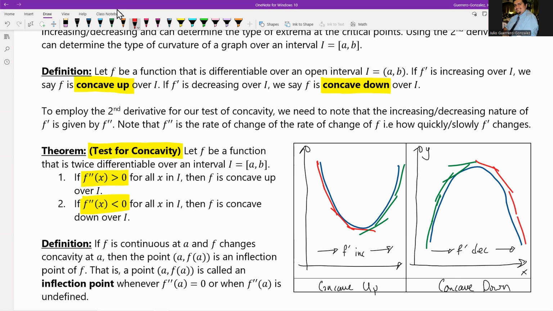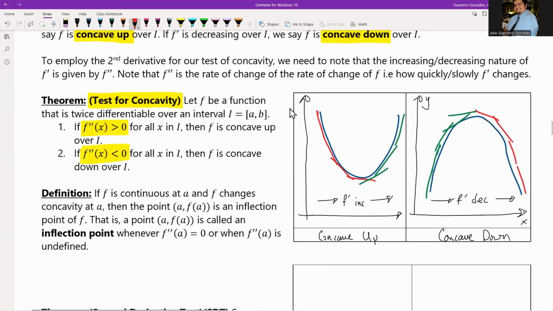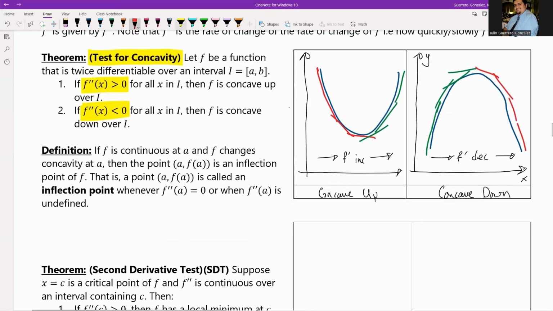This brings me to my next big point: this idea of an inflection point. It's when f double prime is equal to 0 or f prime is undefined, and what this looks like on a graph is when f changes concavity at a point a.